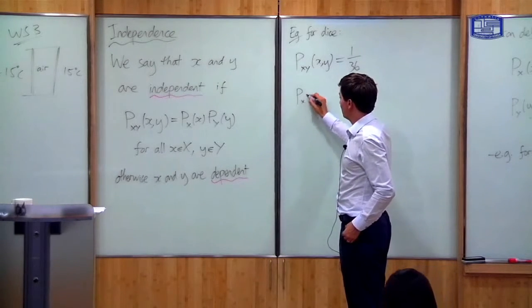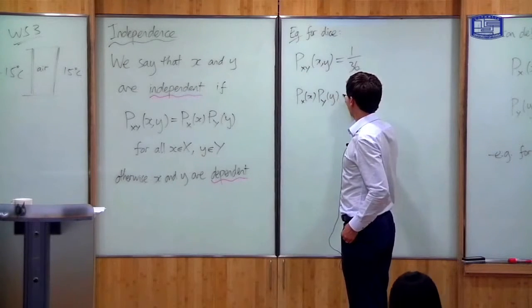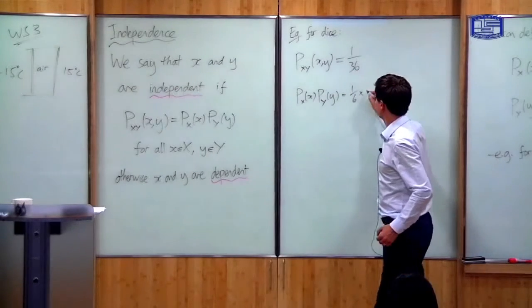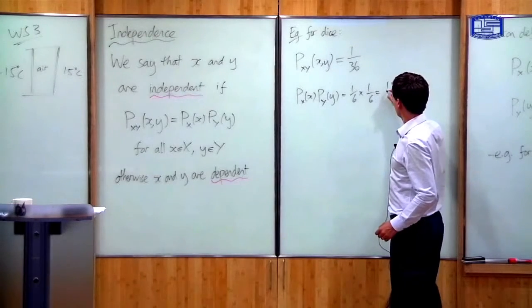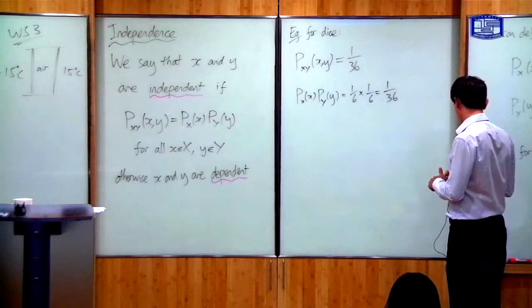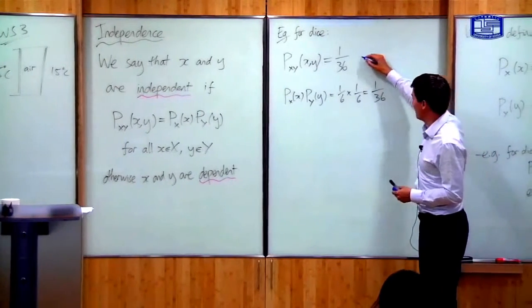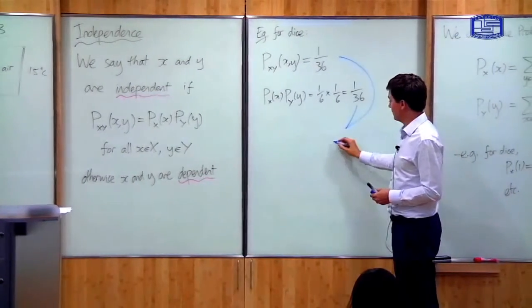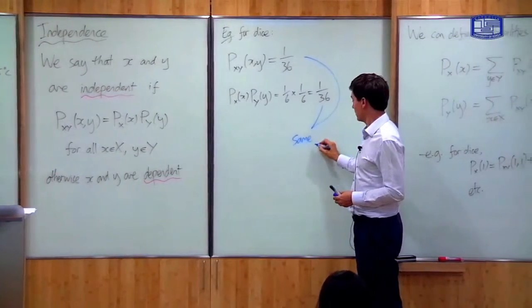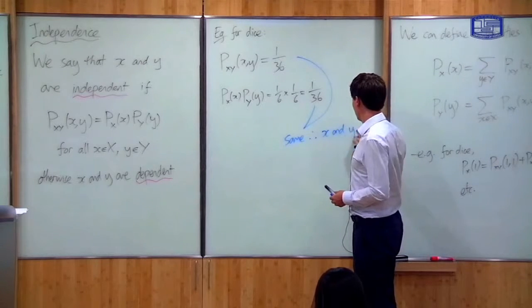And Px of x and Py of y are both equal to a sixth. So therefore, this is true in this case. These two things are the same. And therefore, x and y are independent.